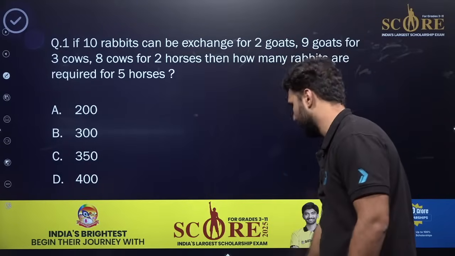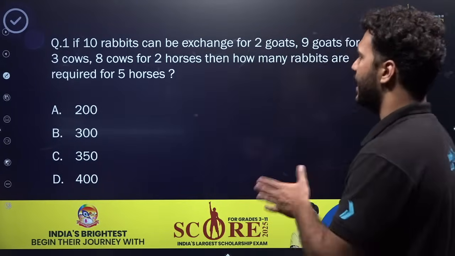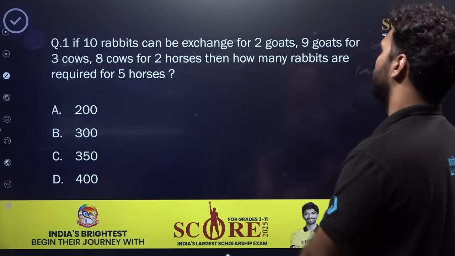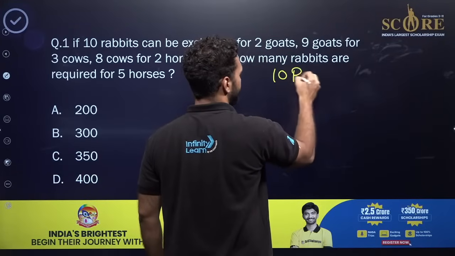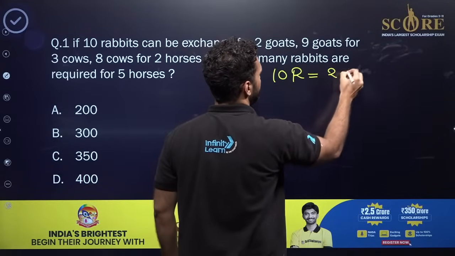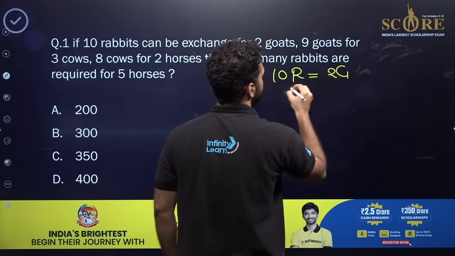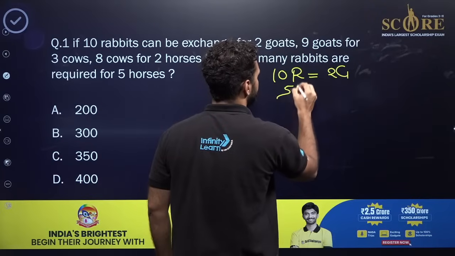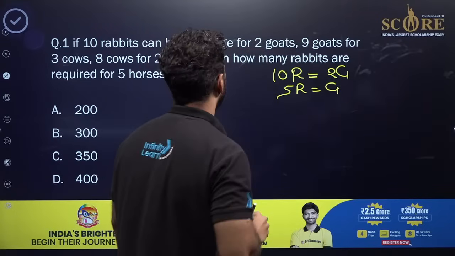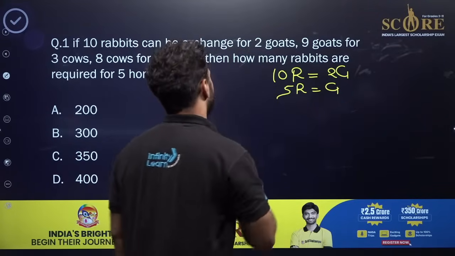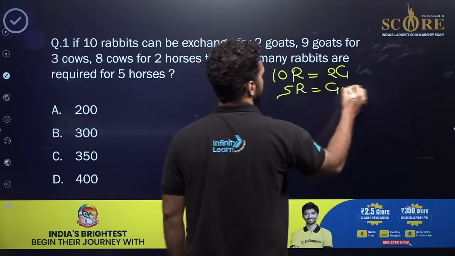Okay, next. If 10 rabbits can be exchanged for 2 goats, it means 10 rabbits equal 2 goats. Can I say, sir, 5 rabbits is equal to a single goat? Now what they said: 9 goats for 3 cows. This is equation 1.